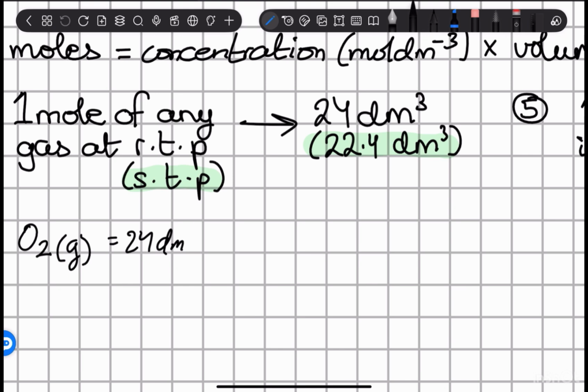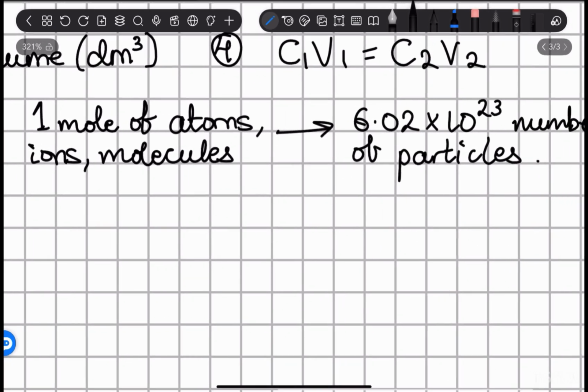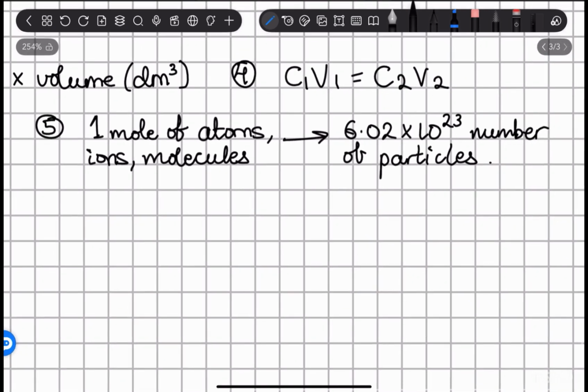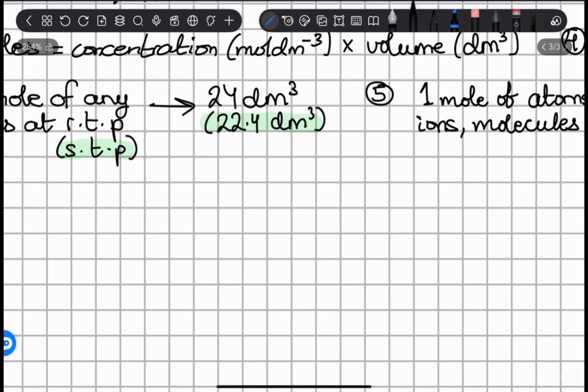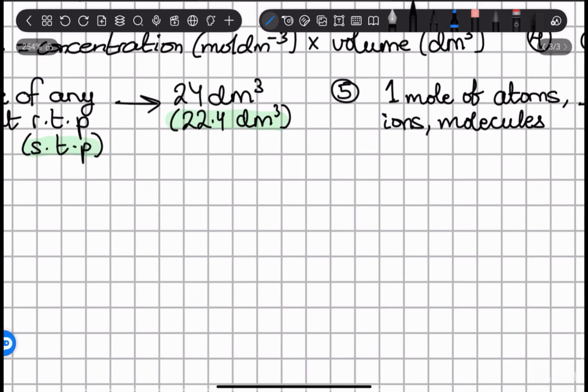We don't often deal with standard temperature and pressure, but it's advised that you always read the question properly because you never know. However, mostly it is room temperature and pressure. Room temperature and pressure is just 25 degrees Celsius and 1 atmosphere. But I believe standard temperature and pressure is kind of different.